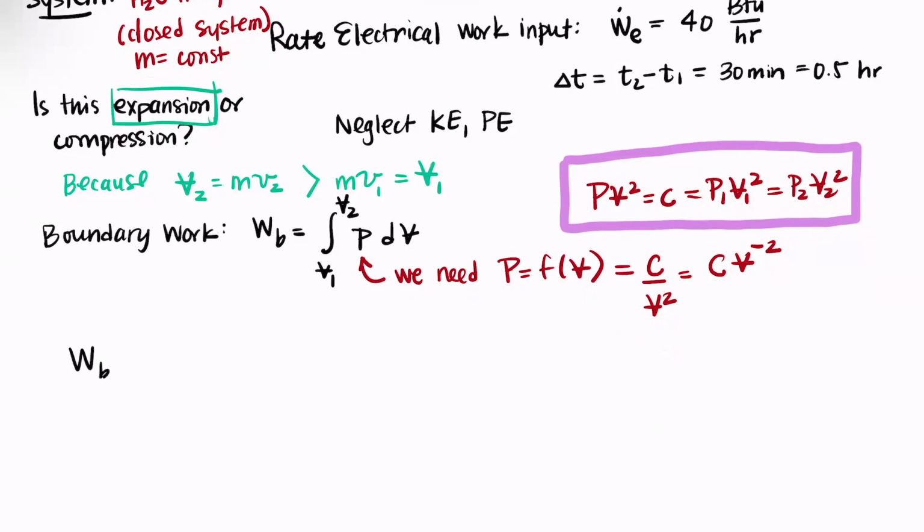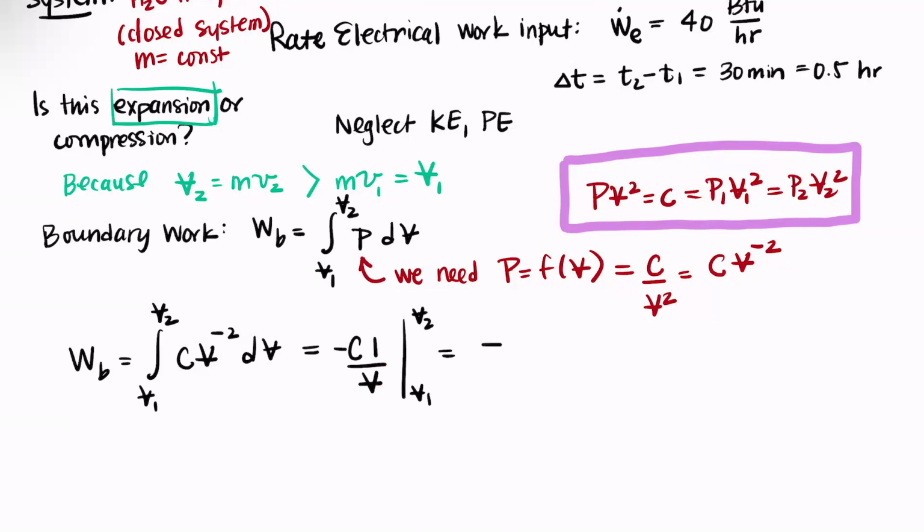So we have WB is equal to the integral from volume at state 1 to volume at state 2 of C times V raised to the minus 2 dV. And what does this integral look like? Yeah, so we have minus 1 over the volume, and we're going to evaluate that from V1 to V2.